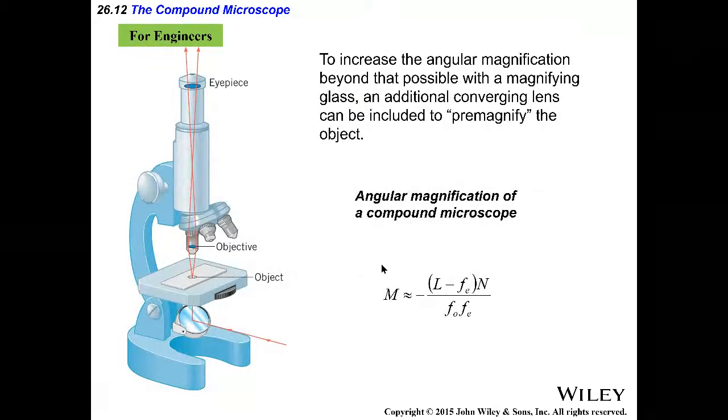All right. And all these things about the compound microscope, the industry spends much money in designing, and they have to do a lot more analysis of what kind of lens here, what kind of lens there.